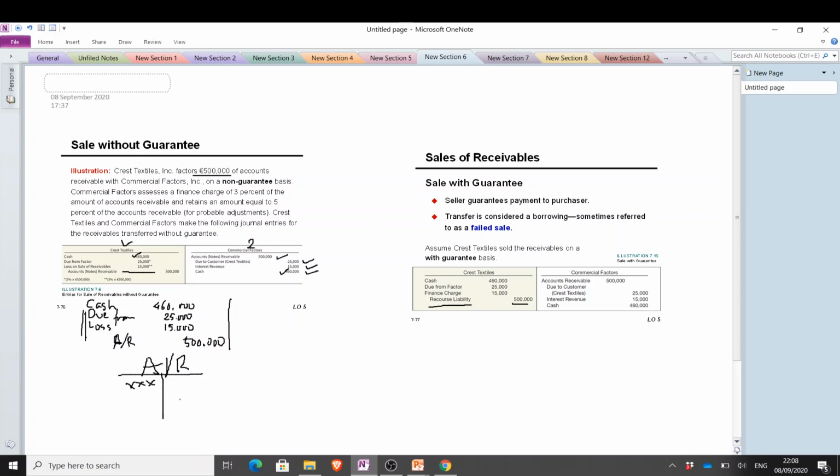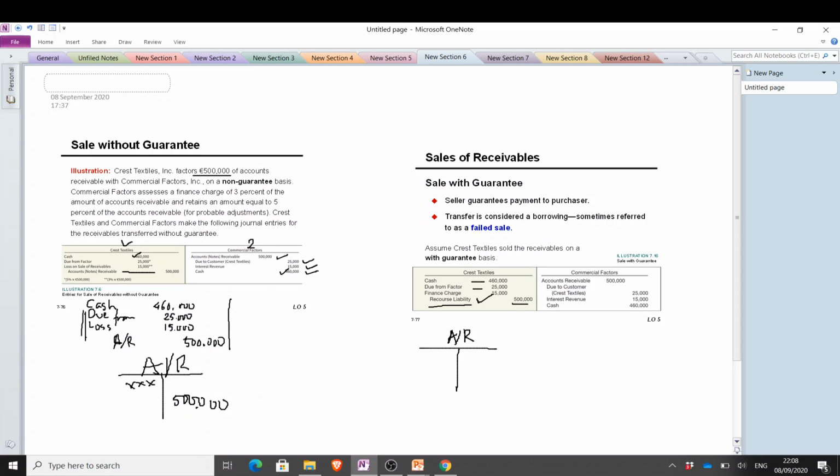Let's say they have receivable of XXX, and then they deduct accounts receivable as much as 500,000 here. But here, no accounts receivable is recorded, whether credited or not. So we record only a recourse liability of 500,000.